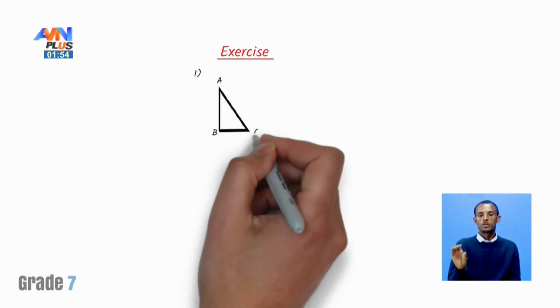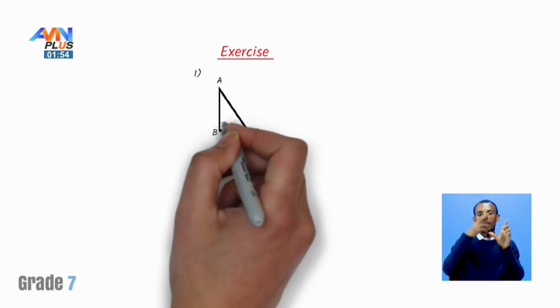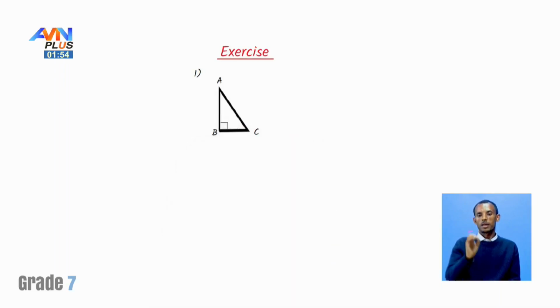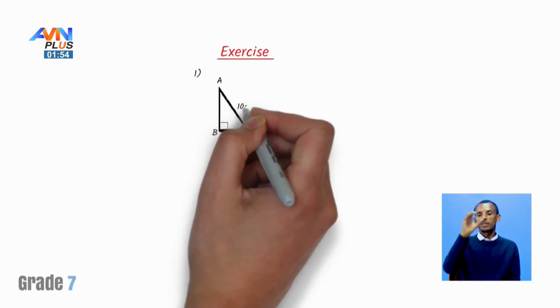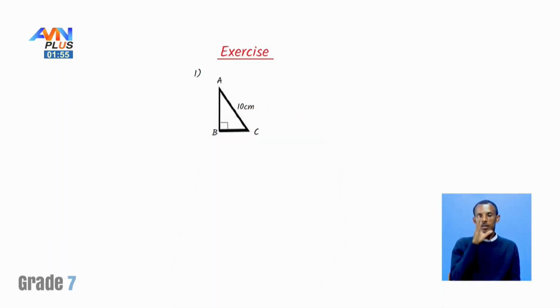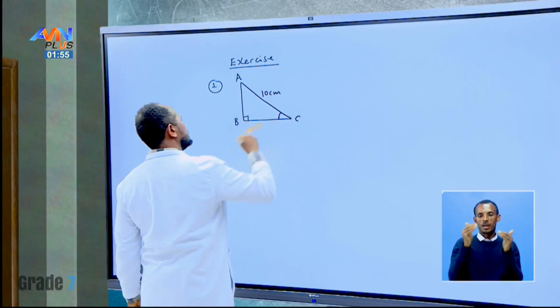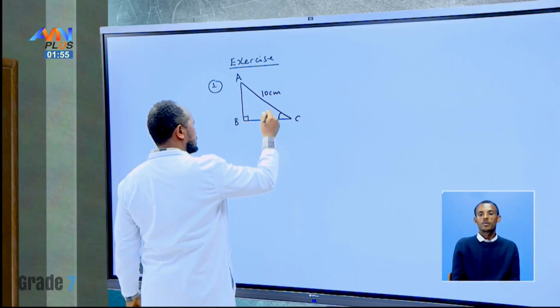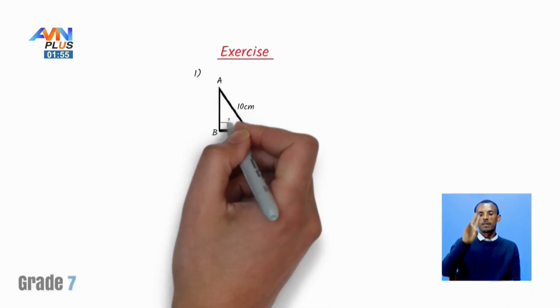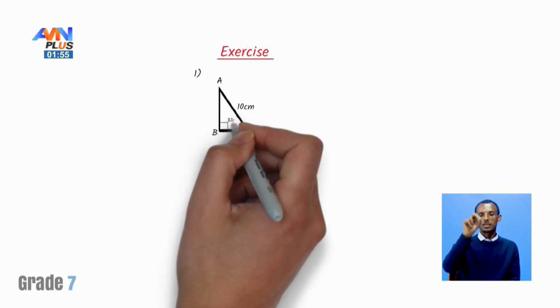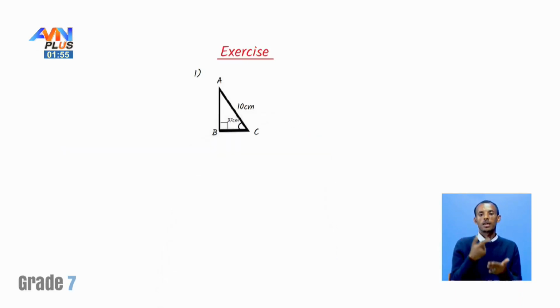This one is a right angle, and this hypotenuse is 10 centimeters, and this angle is given. Assume it is 37 degrees, and again here you have another triangle.